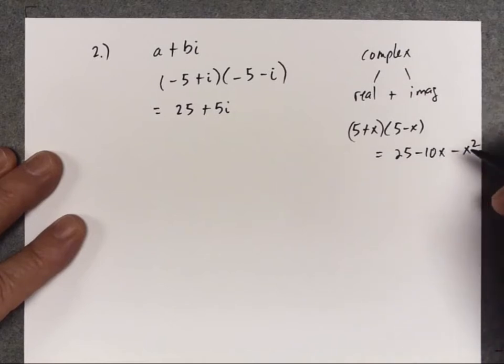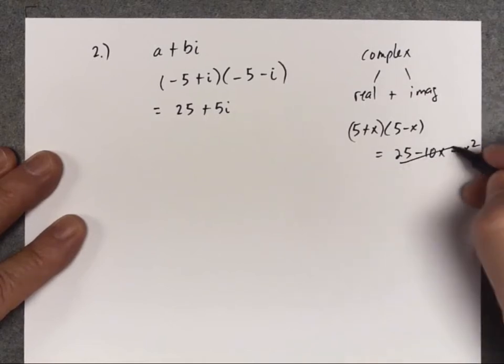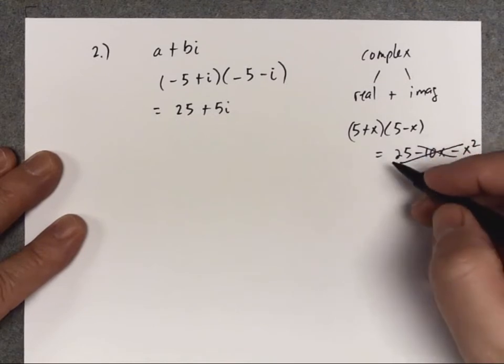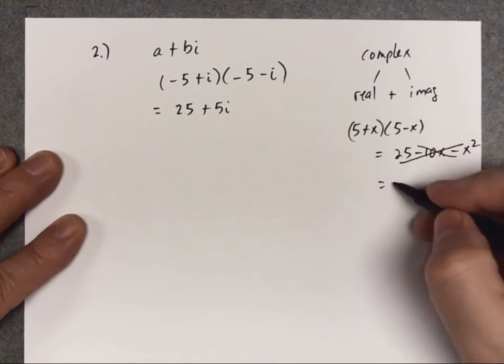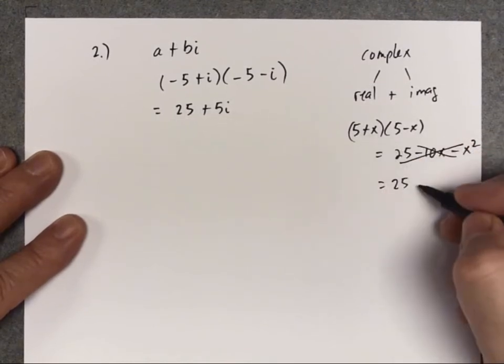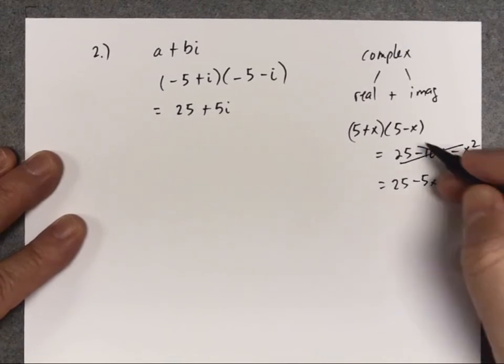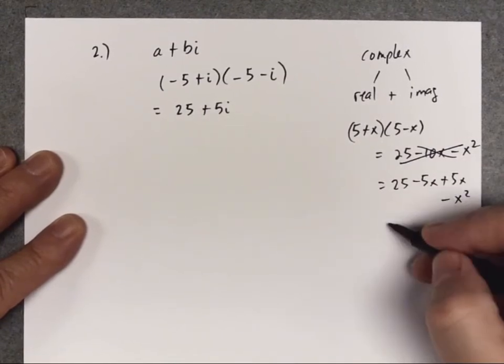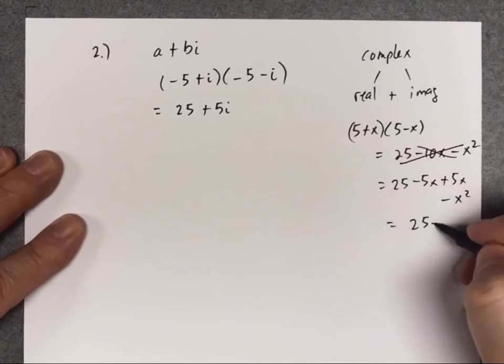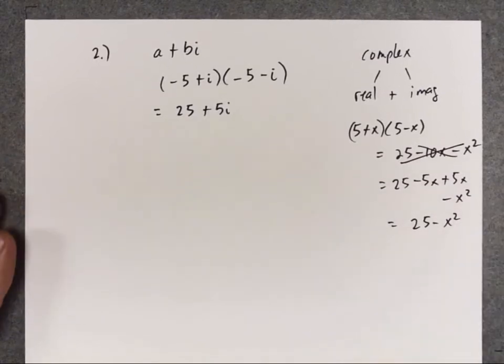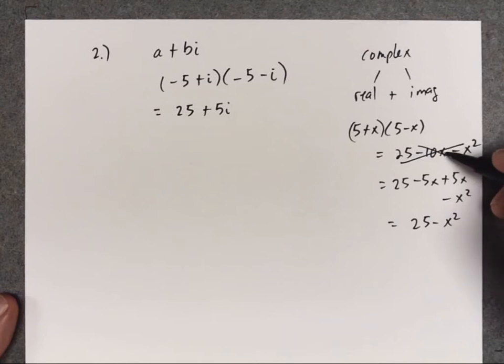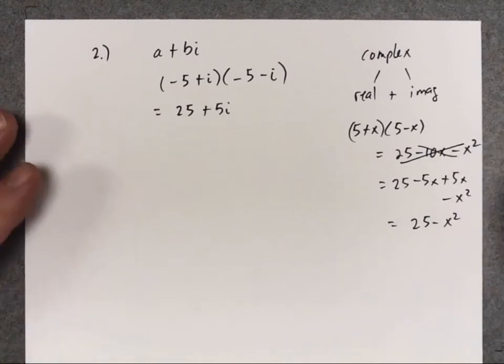Actually, I did not. That's what I get for skipping a step. Just to be safe here, 25 minus 5x plus 5x minus x squared. Wow. All right, good thing I found that. Some of you may have been screaming at me when you saw this.